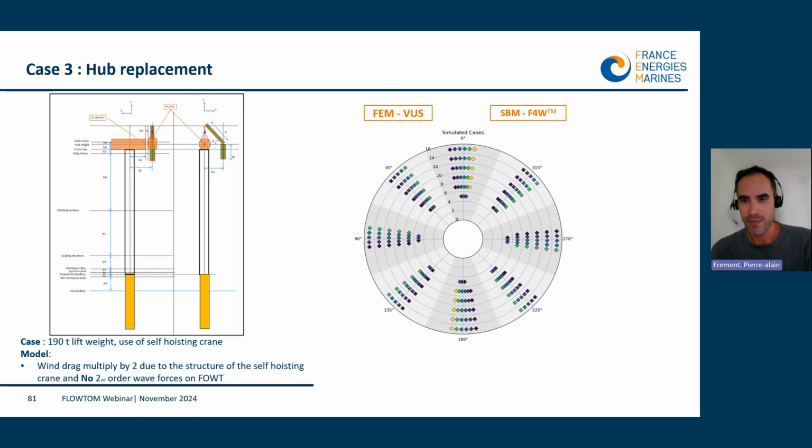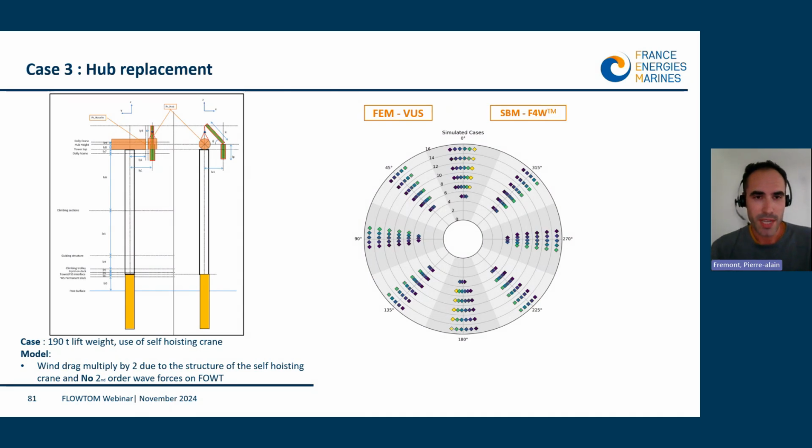So the interest of this case is to not have this ship-to-ship transfer, which brings some uncertainty on the tugger lines, on the pendulum motions, and on the ship itself, on the crane. So the system itself is a self-hoisting crane, which is mounted on the mast of the floater, of the turbine.